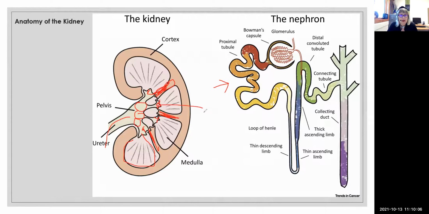So let me mark this down. These are called the minor calyx. And then we get into the major calyx.